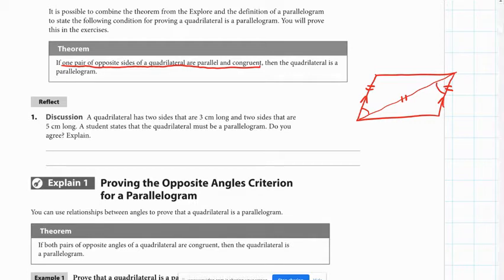That makes angle 1 and angle 2 congruent by corresponding parts of congruent triangles. That would then be enough to say that these two sides would have to be parallel by the converse of the alternate interior angles theorem. Again, congruent triangles really helped us out with that.